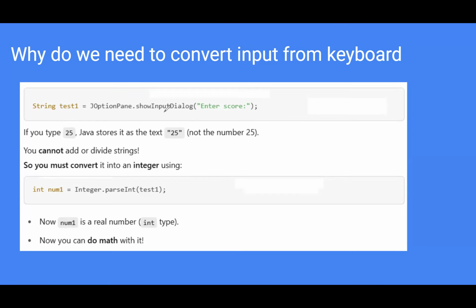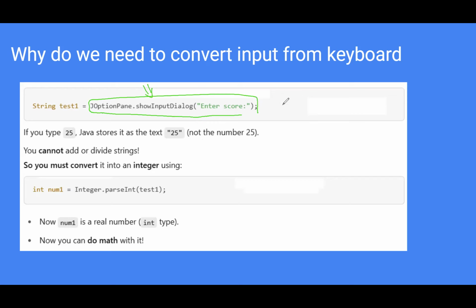Okay. So this is part of the exercise, right? This is what you wrote, right? So when we wrote that, do you know what this line is doing? It's allowing the user to enter a certain score.